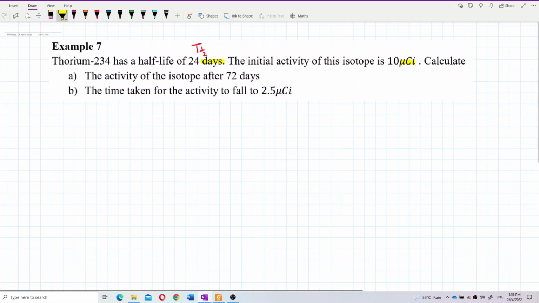This is the initial activity, that means activity at 0 second.